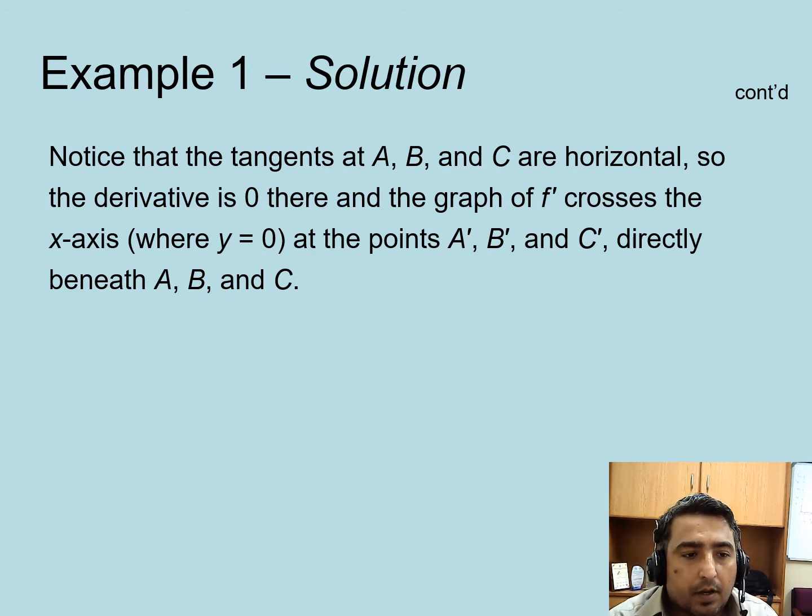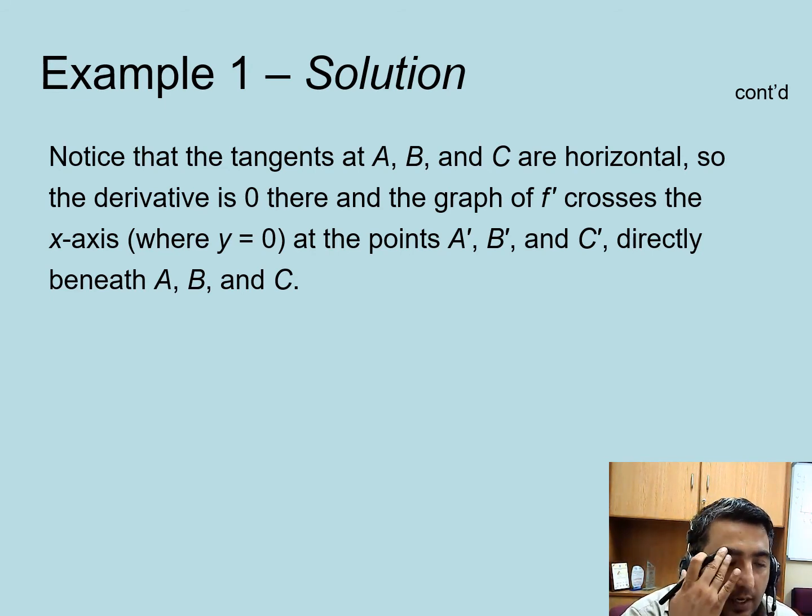We cannot go to the back slide, but you can see in the back slide that at points A, B, and C the slope of the tangent is 0, right? So the derivative is 0. So the graph of f prime, the derivative of f, must be crossing the x-axis at these 3 points A, B, C, because the tangent slope is 0.